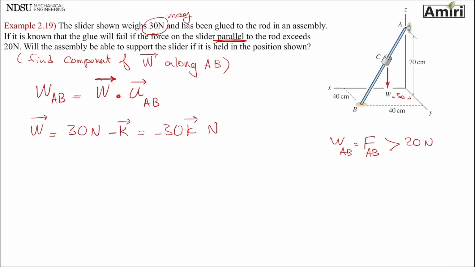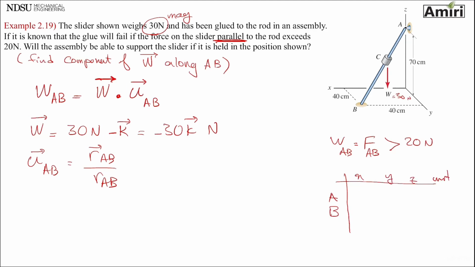Unit vector of AB. I need position vector divided by magnitude of position vector. That means I need my table of A and B, coordinates of A and B. So A is located at 0, 0, and 70 centimeters.